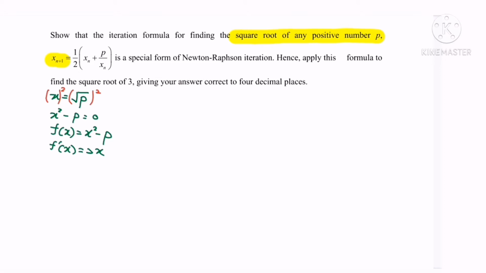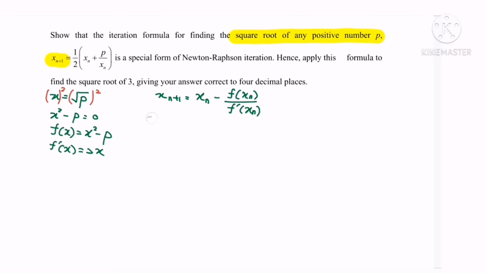So kindly refer to the situation, x sub n plus 1 equals x sub n minus the function ratio f with the value x sub n over f prime with the value x sub n as well.